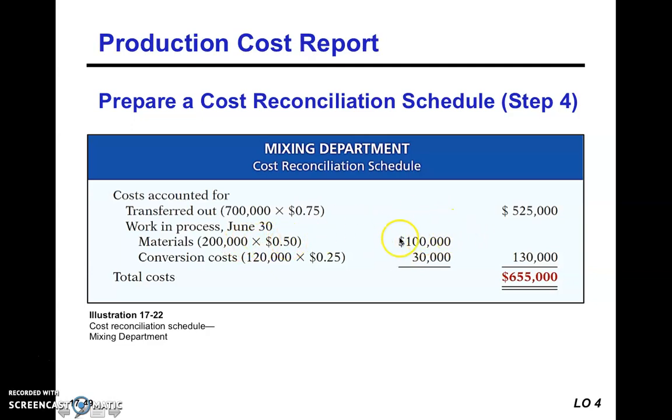That's $100,000 of the money spent for material for the ending work in process. 25 cents cost of conversion times equivalent units of conversion: 30,000 is how much we spent on ending work in process for labor and overhead. So when we add them together, 130K gives us the 655,000 that we spent.